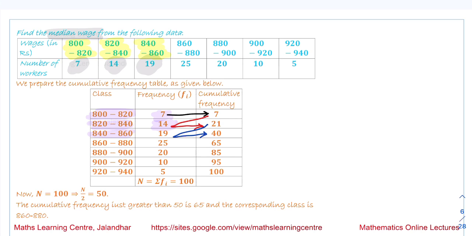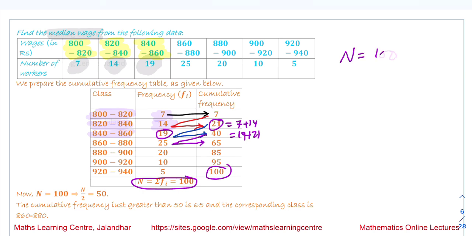Next value is 40 plus 25 is equal to 65. So we get the cumulative frequency, and the value of n that we have is equal to 100.